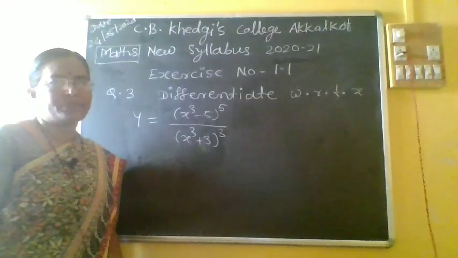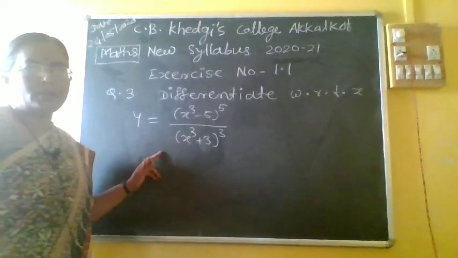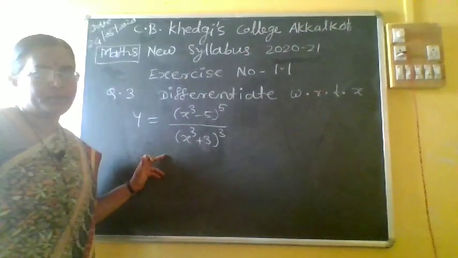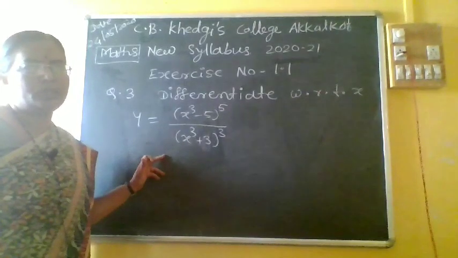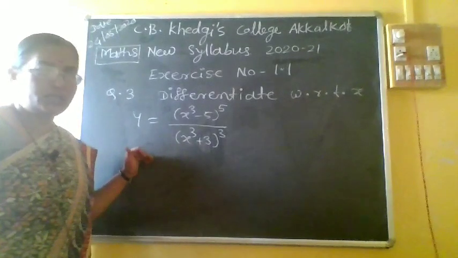In this example, which is of the format u upon v, we use the quotient rule. What is the quotient rule?